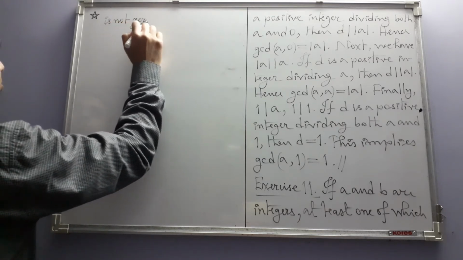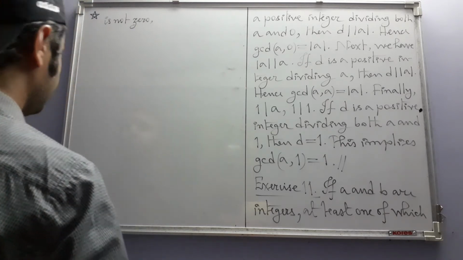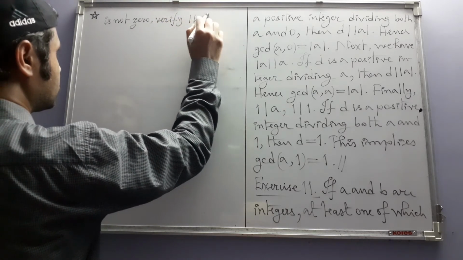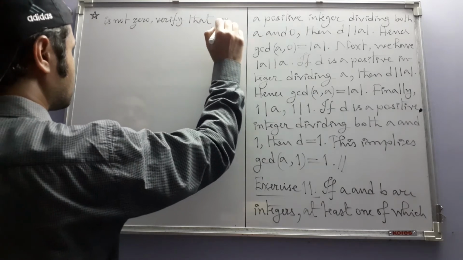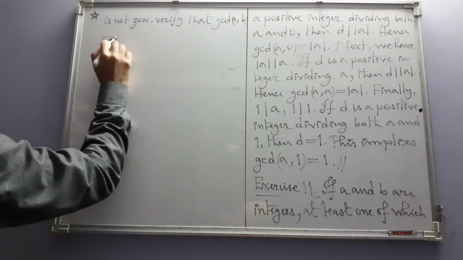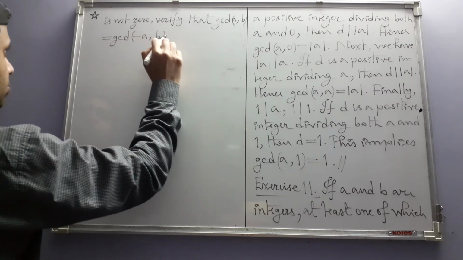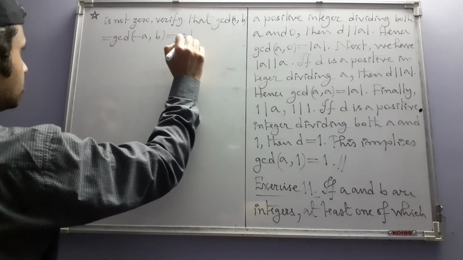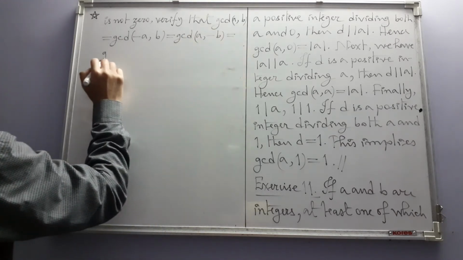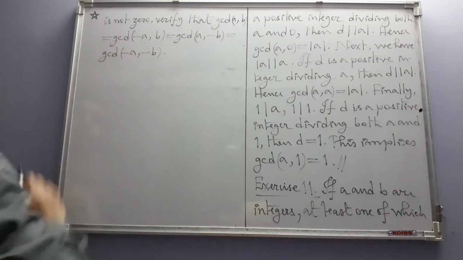Verify that GCD of A and B is equal to GCD of minus A and B, that is equal to GCD of A and minus B, which is equal to GCD of minus A and minus B.